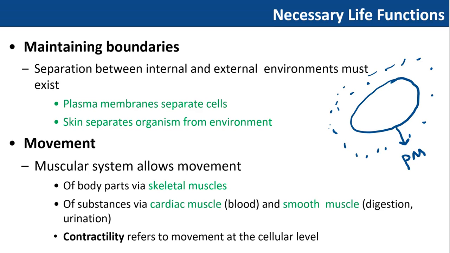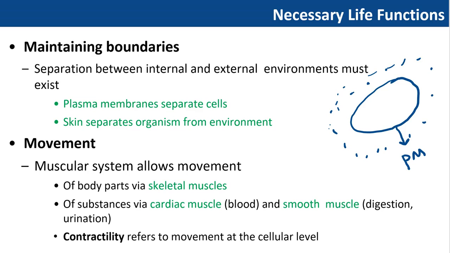So the plasma membrane maintains boundaries by separating cells from the internal and external environment of the cells. At the organismal level, there is a skin which is going to make a boundary. Skin separates the organism from the environment.